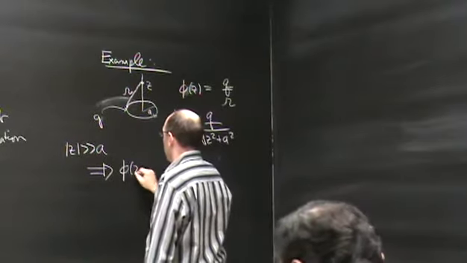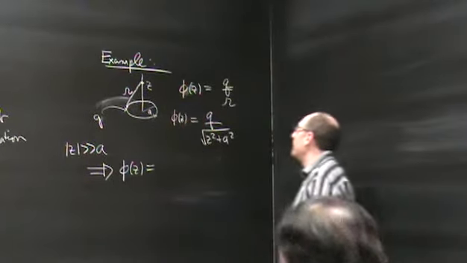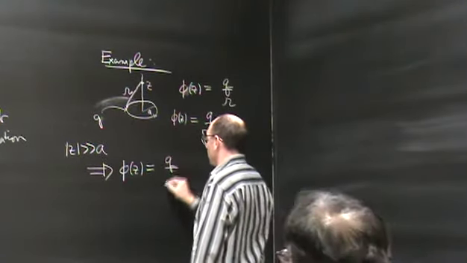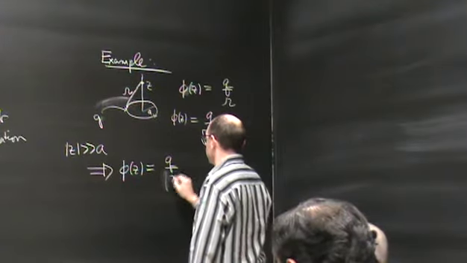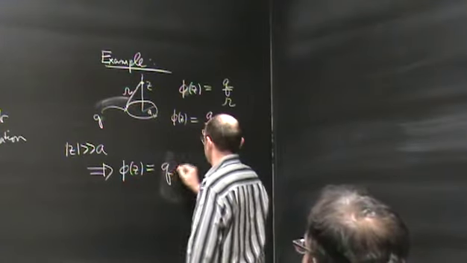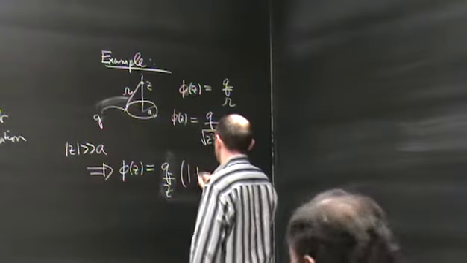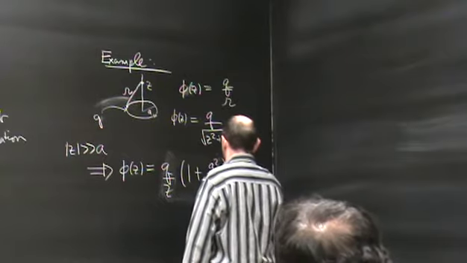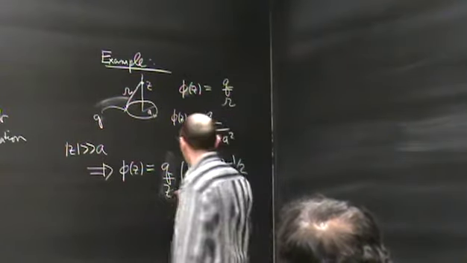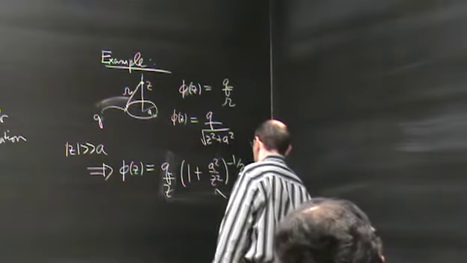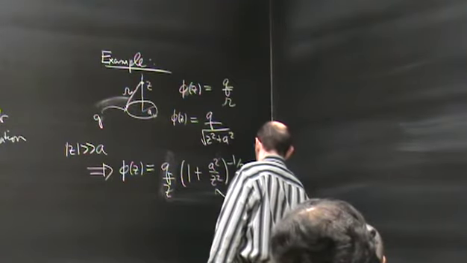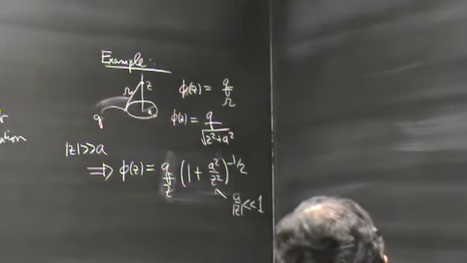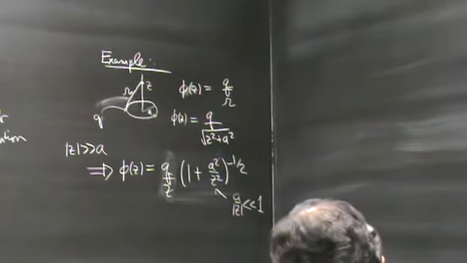So the potential on the z-axis here is q over z times 1 plus a squared over z squared, to the minus 1/2 power, where the small parameter is the ratio of a to the distance of the point of observation.